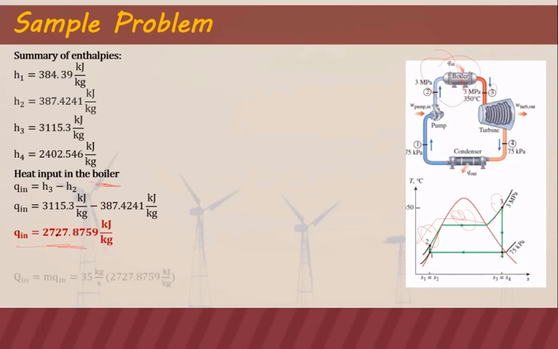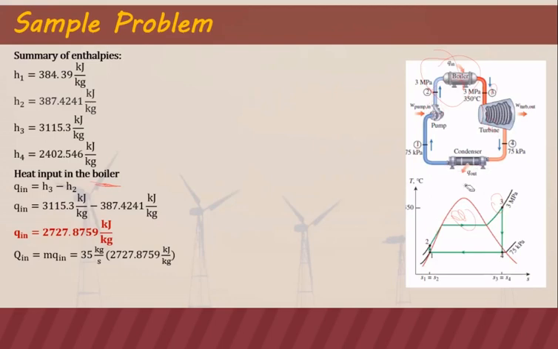So we also have to get the megawatt equivalent of this heat input. That's why we will multiply it by the mass flow rate of the steam. Why are we using 35 kilograms per second all throughout? Because this is just a one loop cycle, meaning whatever flows in the boiler is the same steam that flows in the turbine, in the condenser, in the pump. That's why it's constant, 35 kilograms per second. But in the next discussion, it will be different because there are modifications in the cycle.